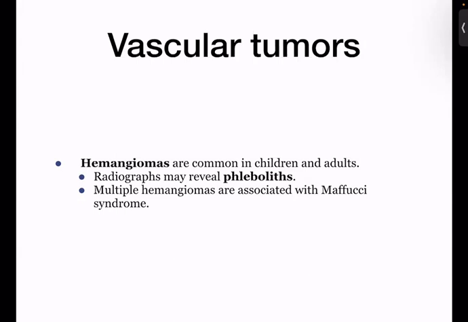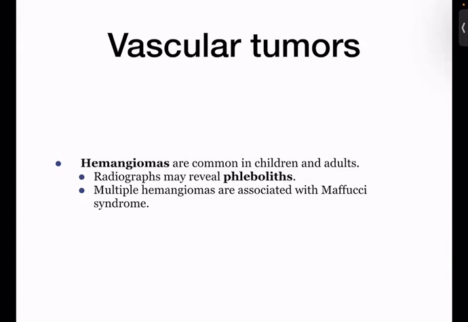If you see a mass or any tumor in the proximal femur, for example, going to the acetabular part, think about infection, think about vascular tumors, or something else we'll mention now. Vascular tumors like hemangiomas are common in children and adults, and the radiograph may reveal phlebolith.